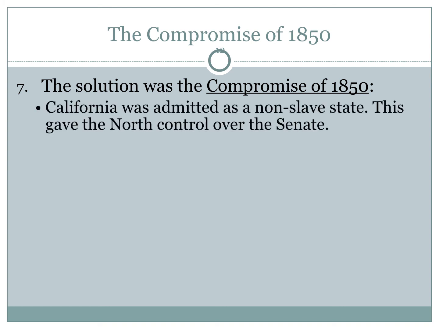The first part of this compromise admitted California to the Union as a non-slave state. So this gave the North more states. It gave the North control over the Senate. So obviously that made the North happy.